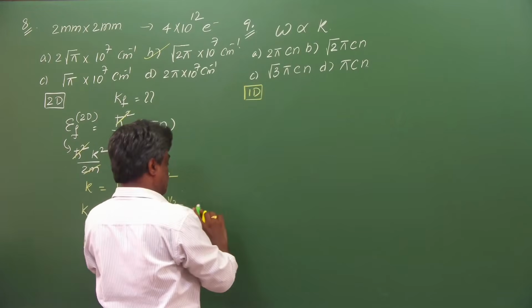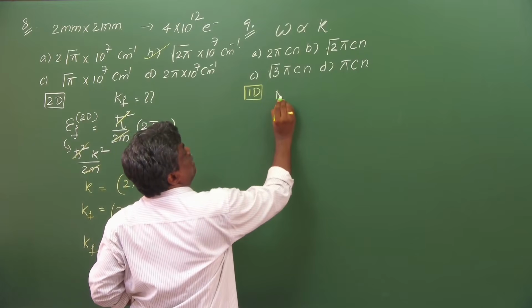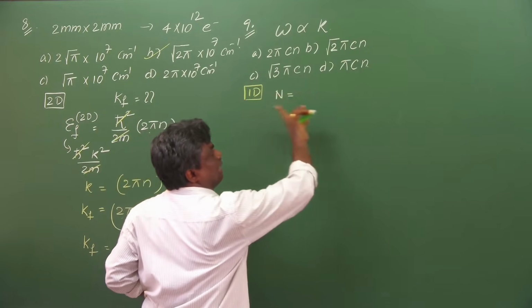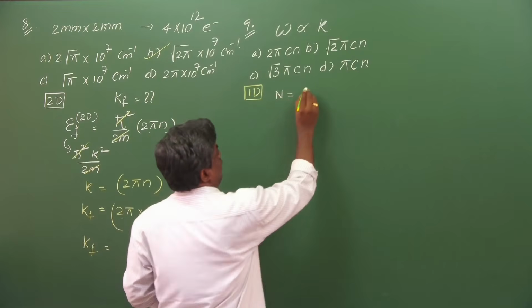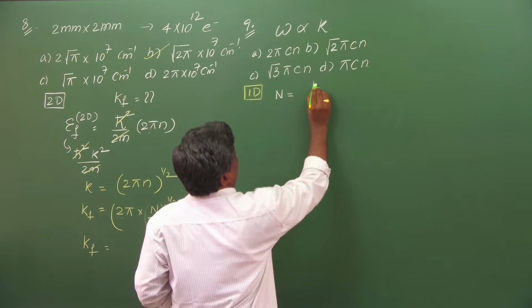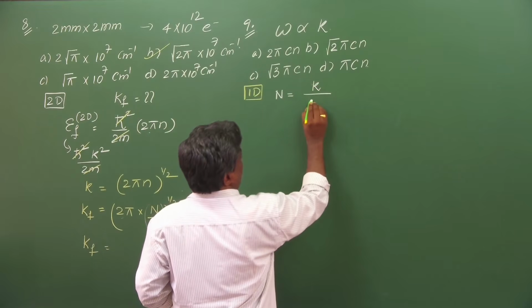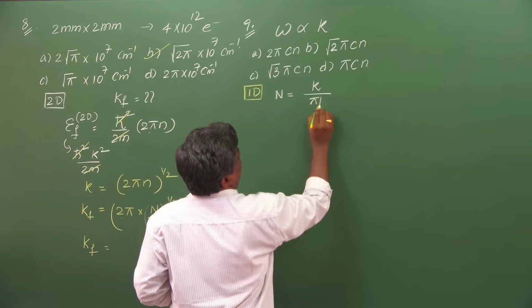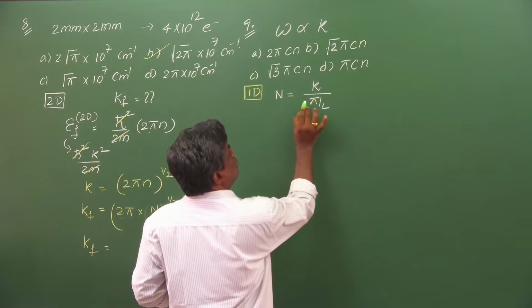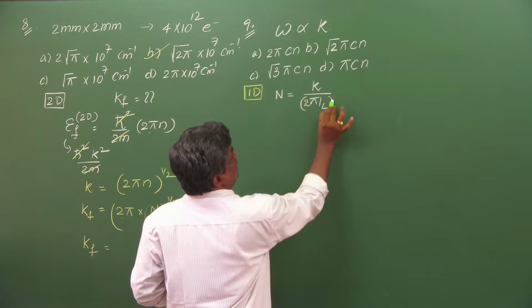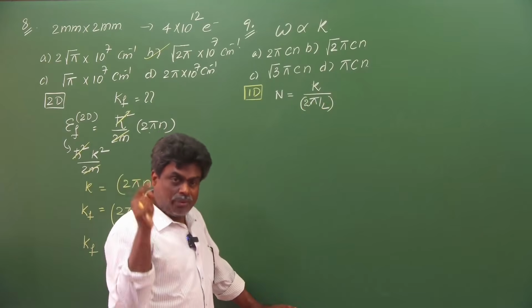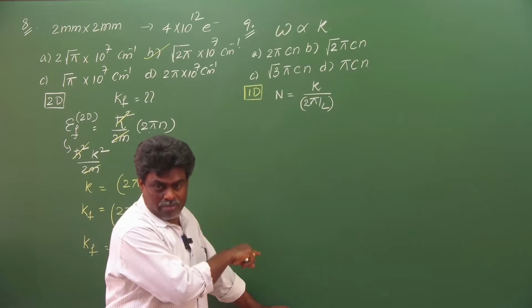In one dimension, how will we get the number of lattice points? Length by length. So what is the length here? pi by L, but some books take it as 2 pi by L. If you take pi by L, you have to write 1 by 2 separately.